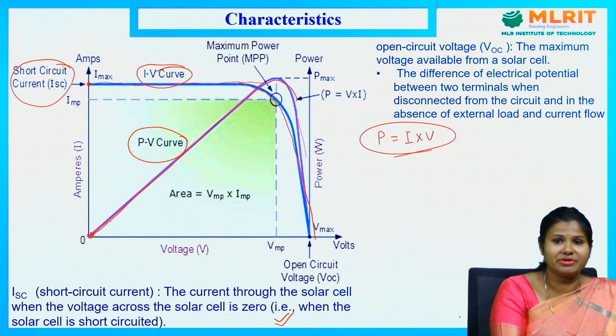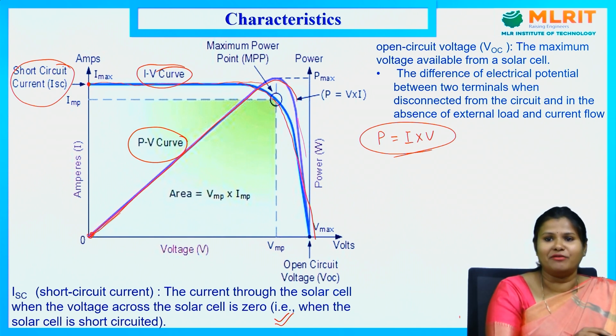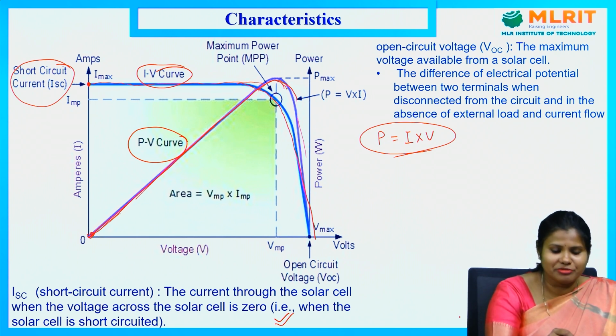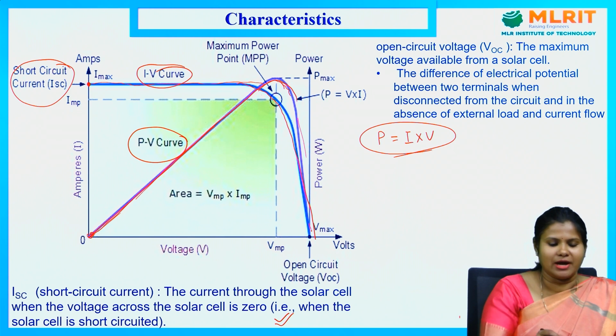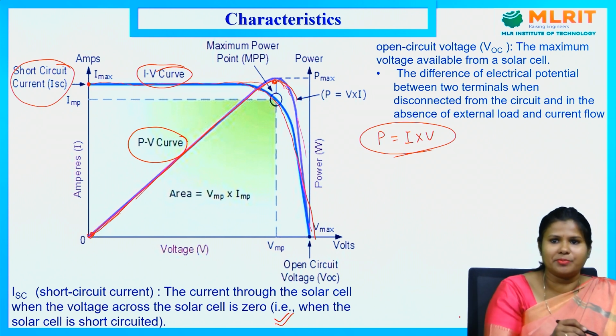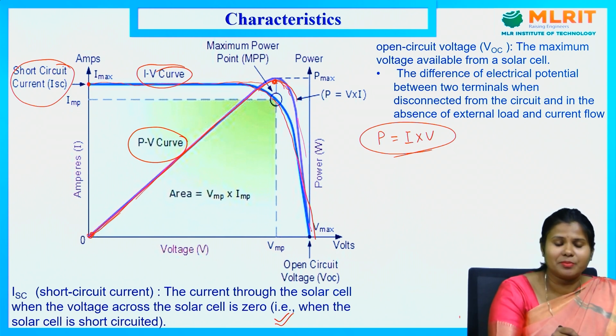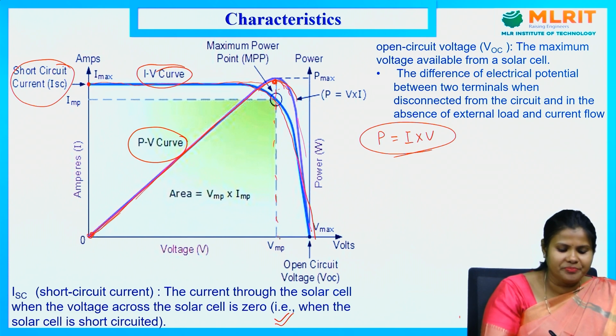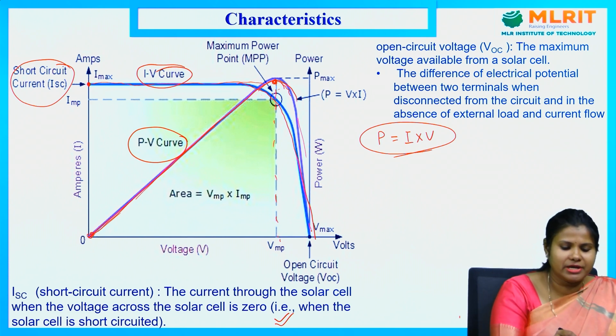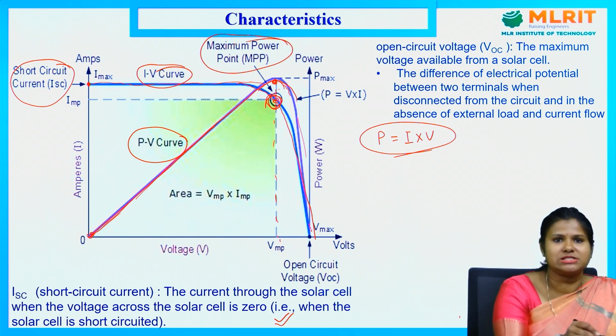Here, as we increase the voltage, the power will increase initially and reach its maximum, and from this point it will go to 0. Here is the maximum of the power. From the maximum of the power, if we draw a line perpendicular to the x-axis where it will intersect the IV curve, that point is known as the maximum power point.